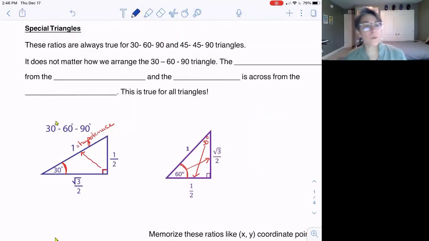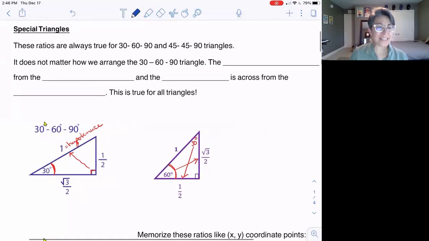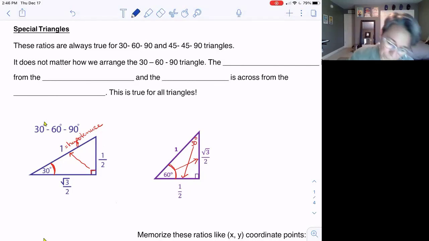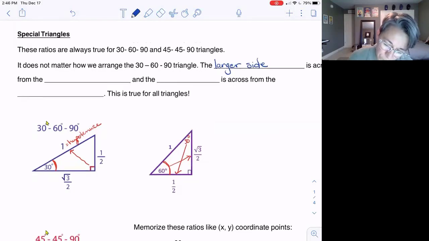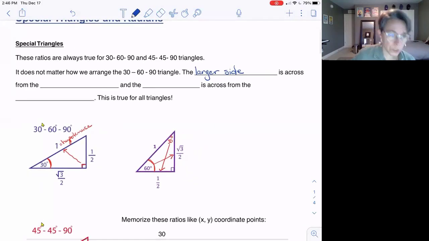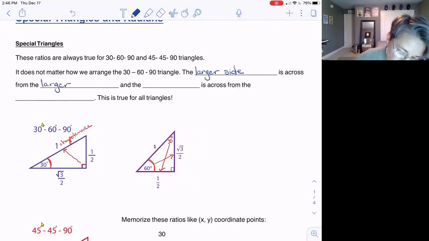So one of the things we may want to state up here is that it does not matter how we arrange the 30, 60, 90 triangle. The larger side, I think, is across from the larger angle, and the smaller side is across from the smaller angle.